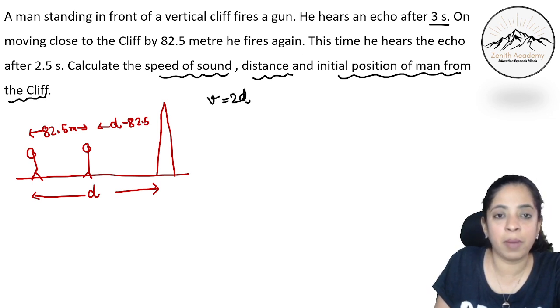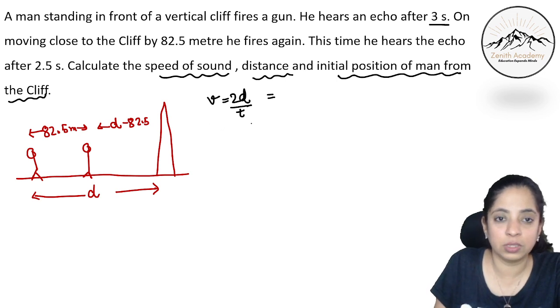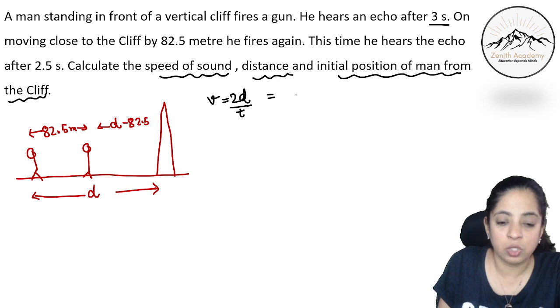Velocity is 2d by t. So velocity we don't know, right? We have to calculate.